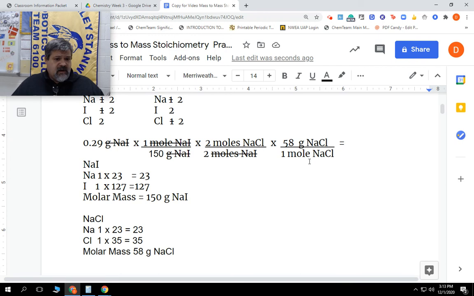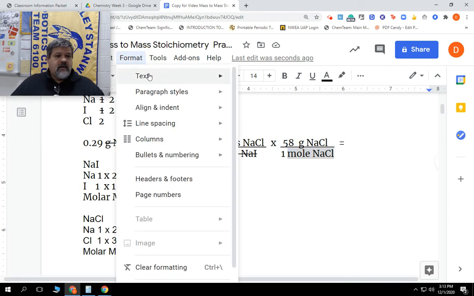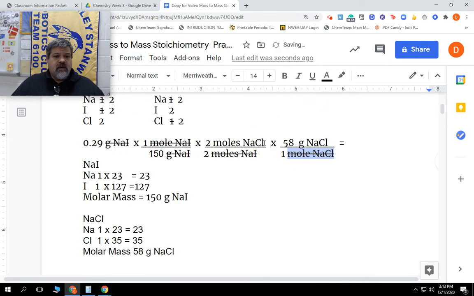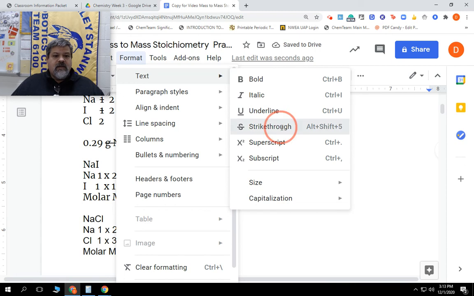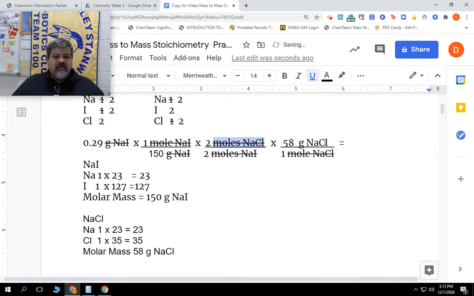We can do them independently, but it makes sense if we just kind of link them all together. So I have moles of sodium chloride here and moles of sodium chloride down here. So I'm going to go ahead and get rid of that. So we'll strike that through on top, strike this through on bottom. The only thing left is grams of sodium chloride. So I know at the end I'm going to have grams of sodium chloride.